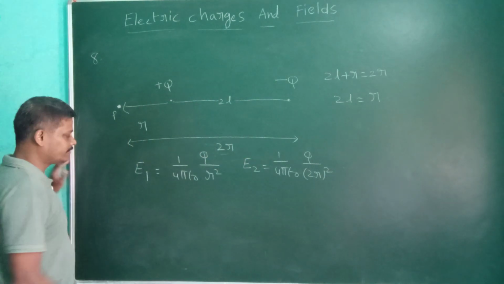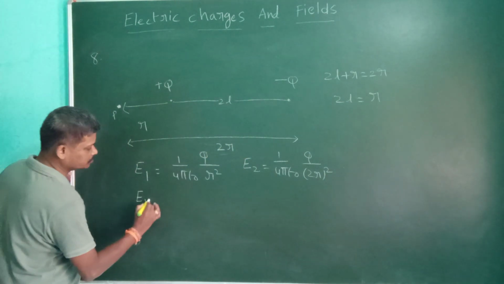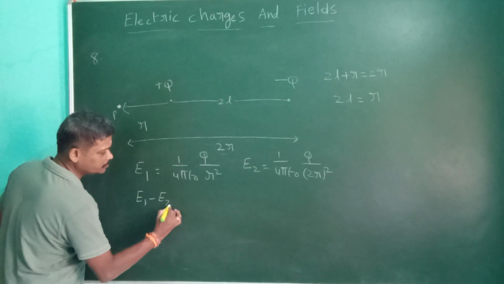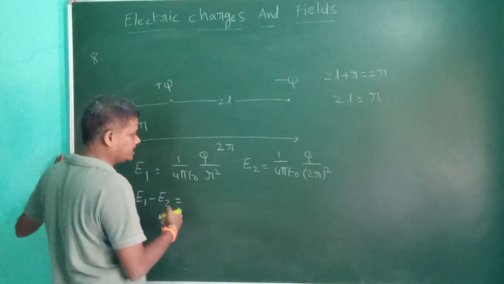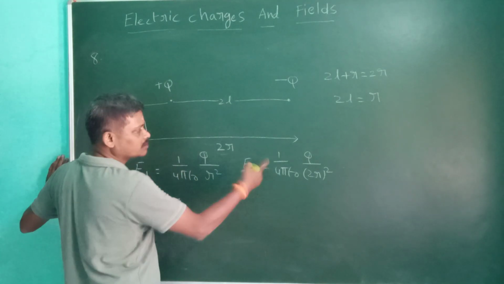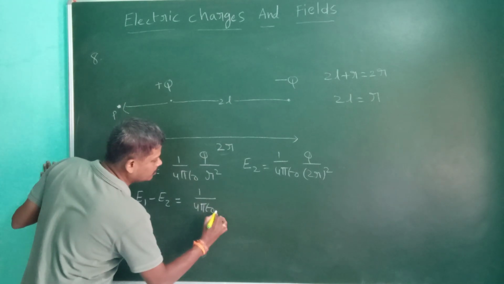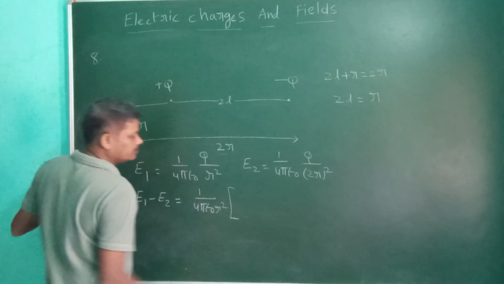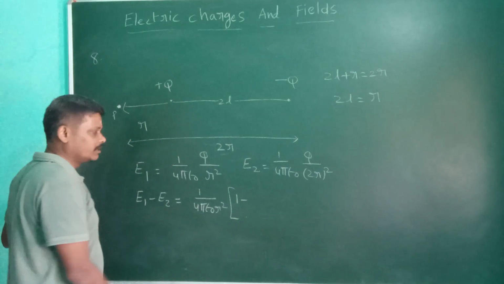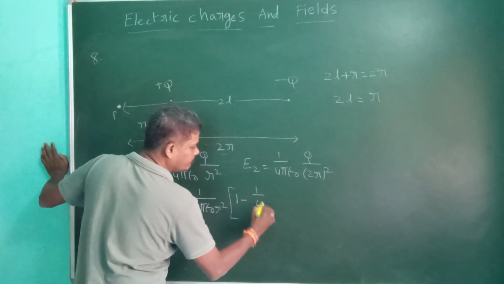Now the net electric field intensity is the difference between these two, that is E1 minus E2. Now if I write that, I can take Q by 4 pi epsilon naught R square common, that is Q by 4 pi epsilon naught R square into 1 minus 1 by 4.